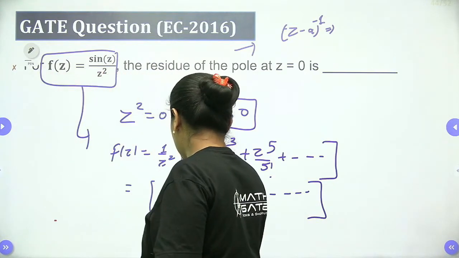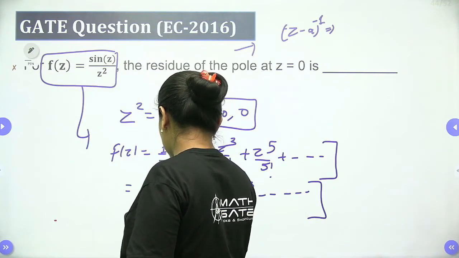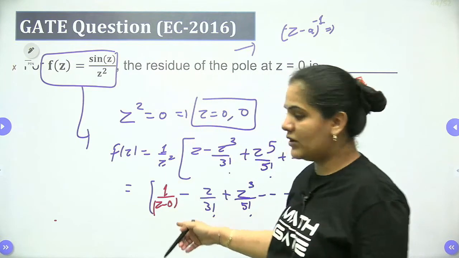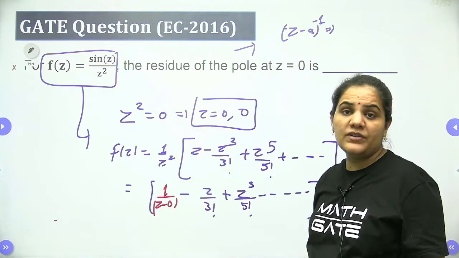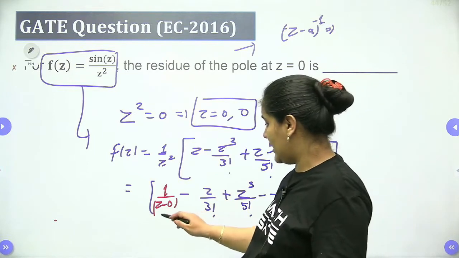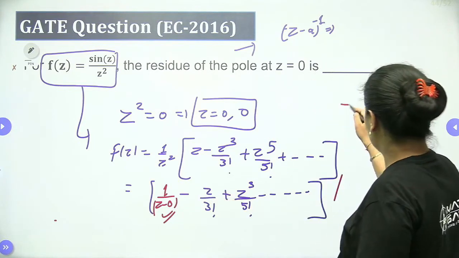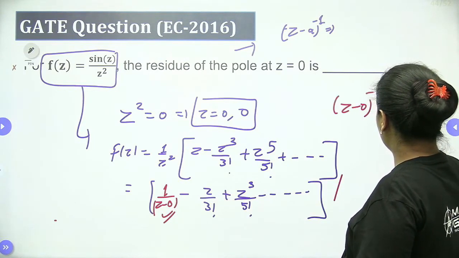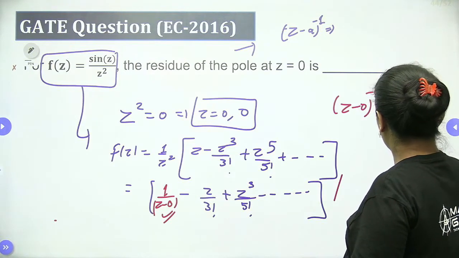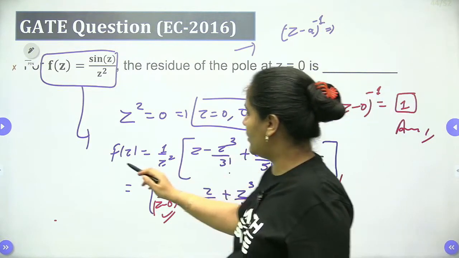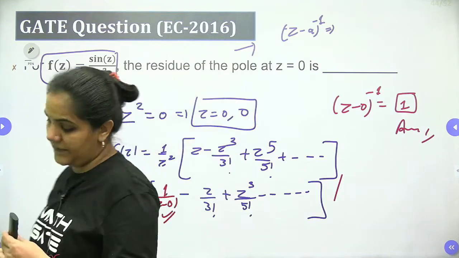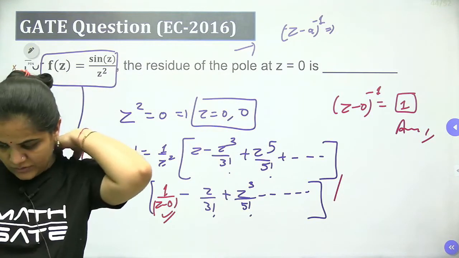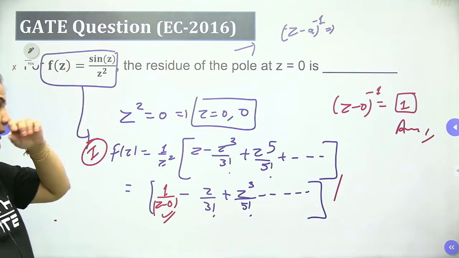My residue will be the coefficient of 1 by (z minus 0), the power minus 1, which is 1 only. So the residue will be 1. If you want to directly approach, you can go with this concept, that the answer is 1 only.